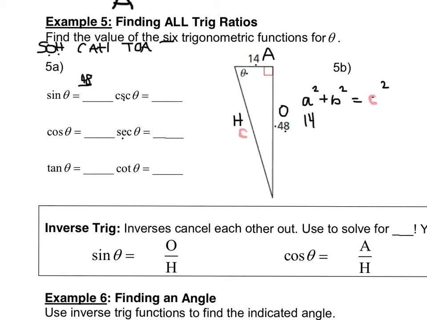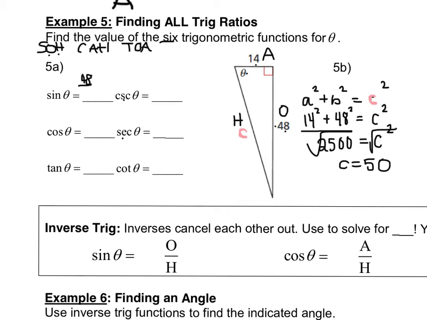So we'll put 14 squared plus 48 squared equals C squared. If you type all of that in your calculator all at one time, you'll come up with 2,500 equals C squared. One more step, square root both sides, and we get C equals 50.